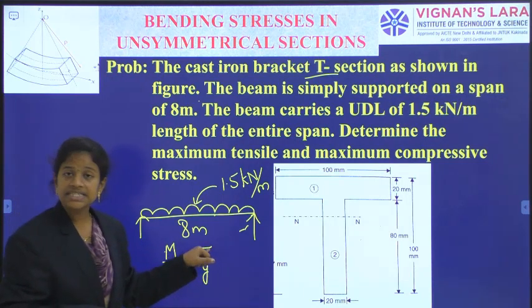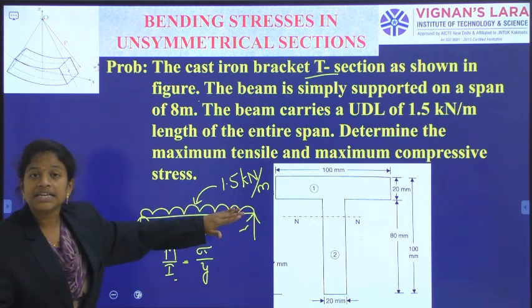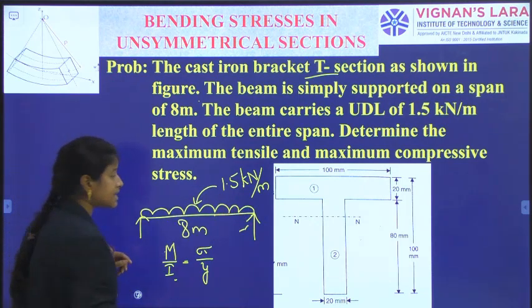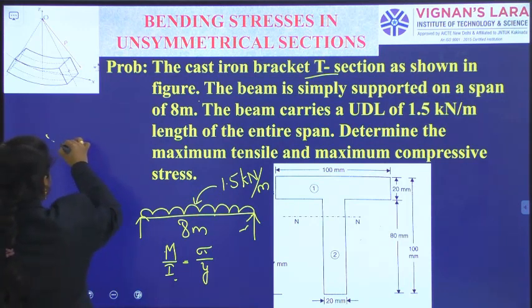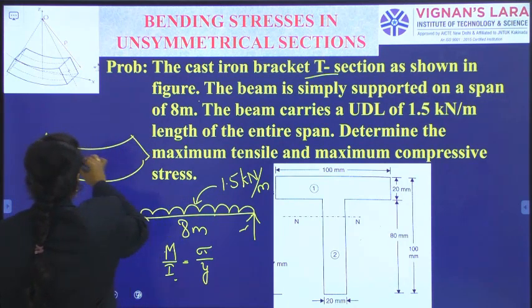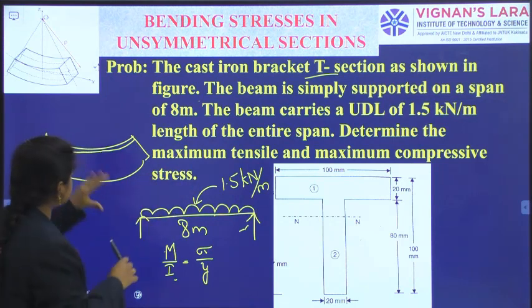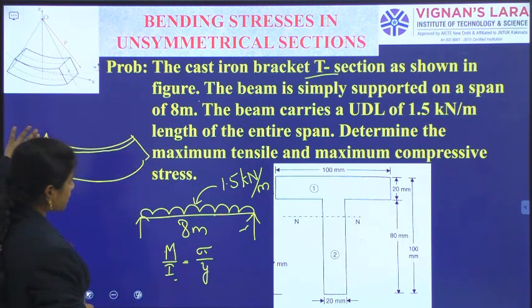Okay, now this sigma involves two types of nature, as our beam is simply supported and it is carrying some load. When you observe the beam shape, it will take it like this. When you see the side view, the top flange is like this, and the beam shape may look like this.